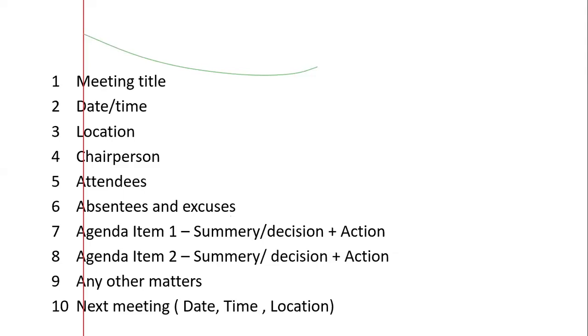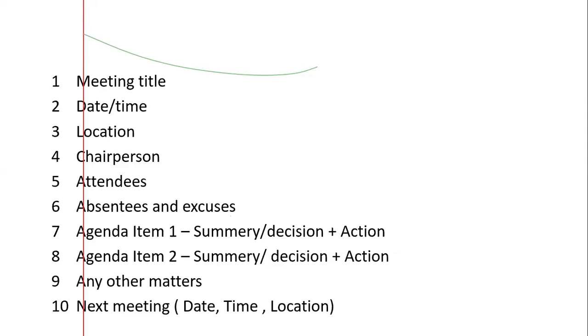So take this one, meeting title, write first, date and time, location of the meeting, who was presiding the meeting, that is the chairperson of the meeting, attendees, 1, 2, 3, 4, 5, 6 attendees.